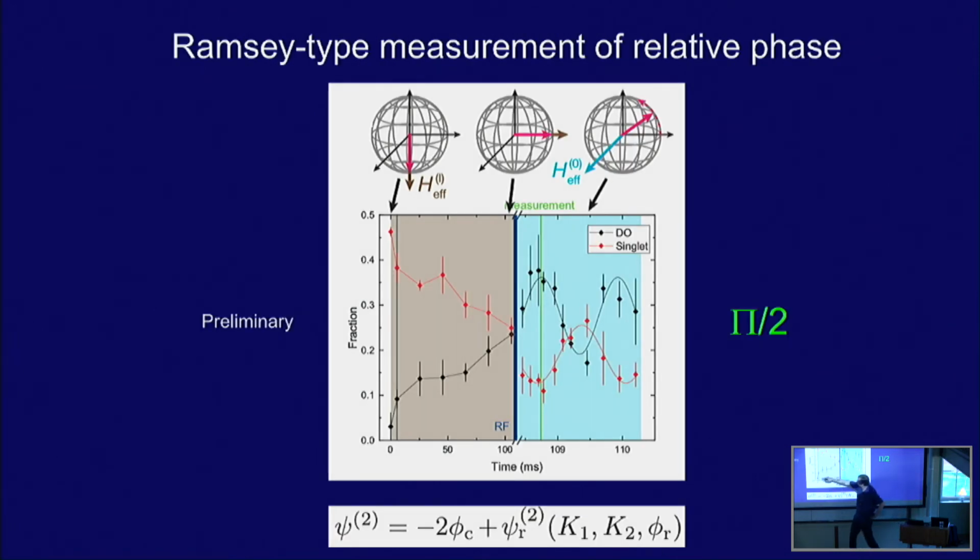And here you see this adiabatic preparation. Then we have as many singlets as double occupancies. And then we see these Rabi oscillations in the effective Hamiltonian. And now we do this measurement. We determine what a pi half pulse is.